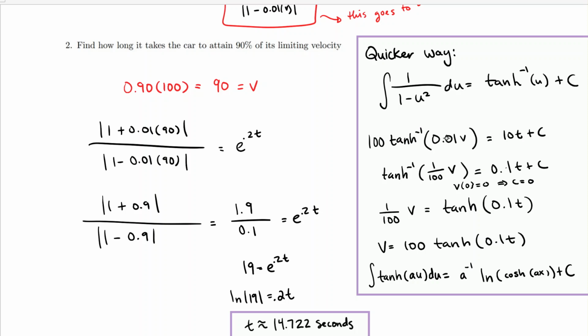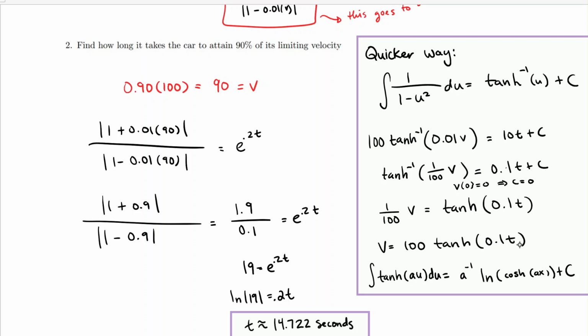Then we could divide both sides by the 100, we get this equation, at which point we apply hyperbolic tangent to both sides. Hyperbolic tangent of inverse hyperbolic tangent just gives you your input back as a result. And then we can multiply by 100 and we get our equation. The velocity is 100 times hyperbolic tangent of 0.1t.